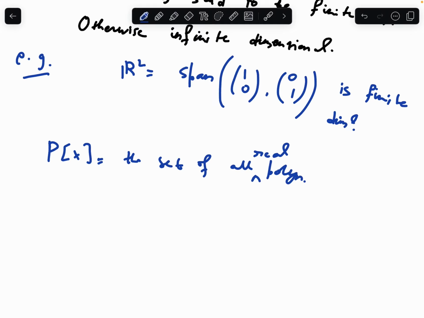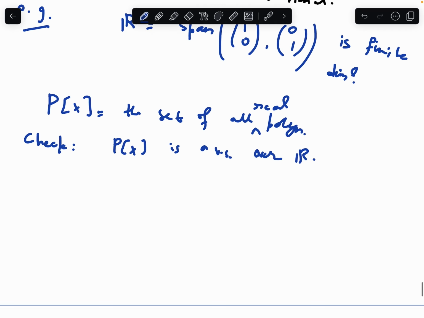You can check that P(x) is a vector space over R. Now you'll ask me, if it's a vector space, then what are the operations that you're considering? Well, I'm considering the usual addition and the usual scalar multiplication. So this is a vector space.